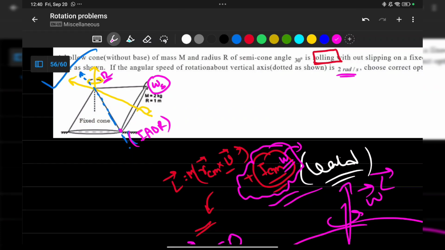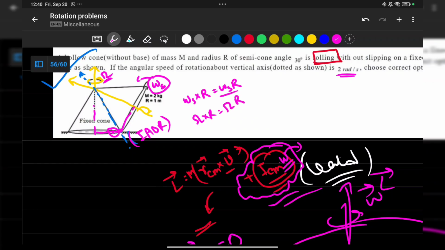Due to this rotation, this body has a velocity along the upper section, above the pitch. Due to spinning with omega s, the velocity is omega s cross r, equal to omega s r, and for the other rotation it is capital omega cross r.